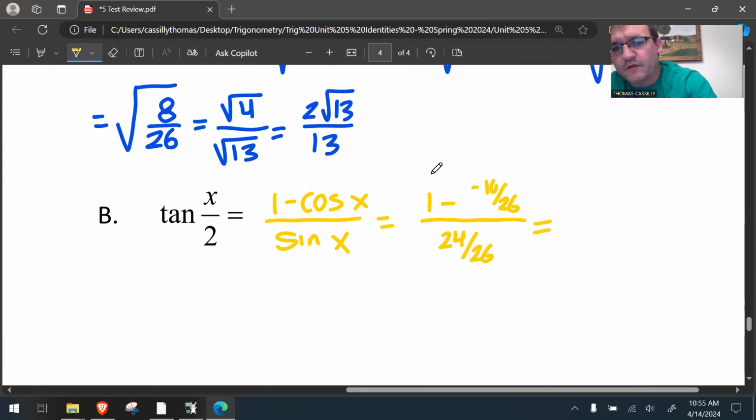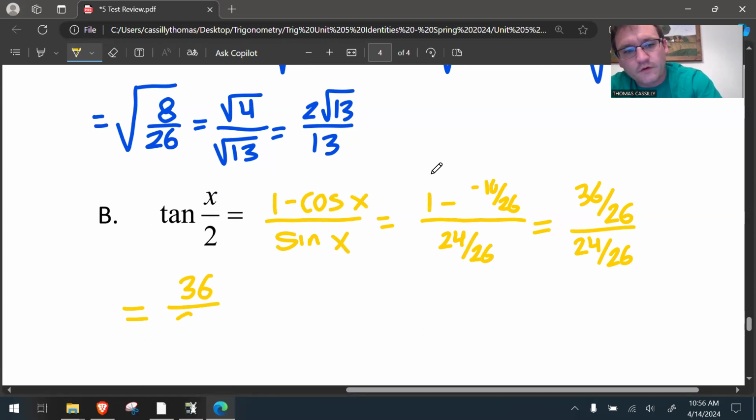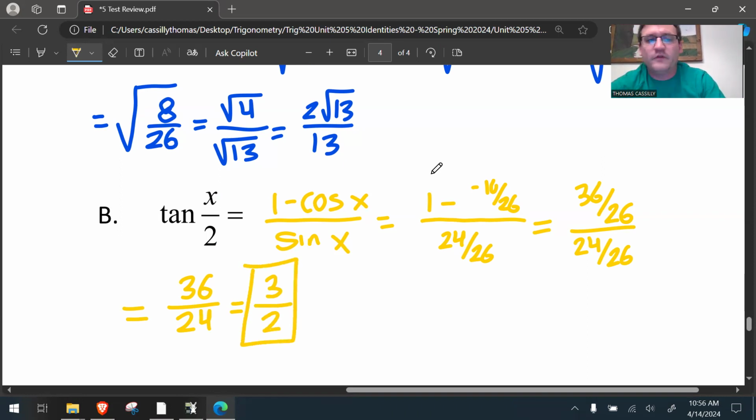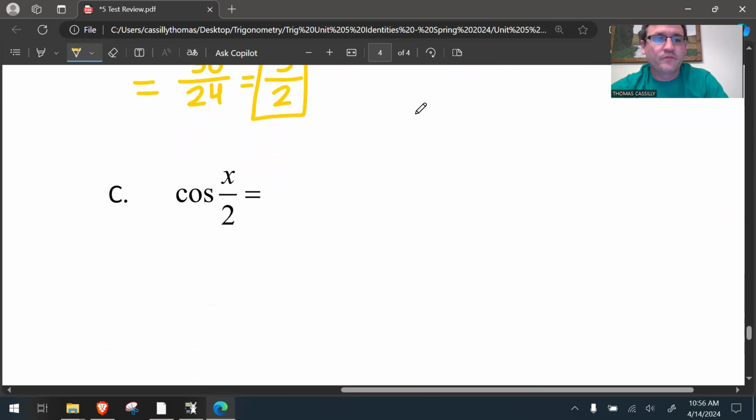So that gives us 36/26 all over 24/26. The 26's cancel. 36 over 24, and that is a fraction we can reduce. Yeah, so this is 3/2. So there you go, that's your answer for the tangent of x over 2.